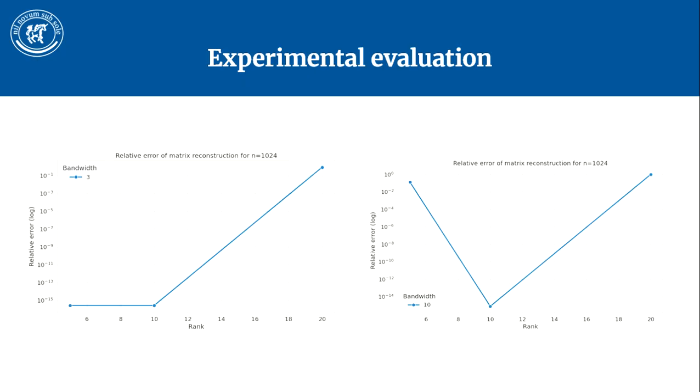We show this because this is not what should be expected. When the rank increases, we should expect a better approximation, since a bigger rank means a better approximation of the low rank blocks. What happens here, and which is why we wanted to show it, is that the matrix on the left has a bandwidth of 3 and on the right a bandwidth of 10, but in both cases the leaf size here is 16.